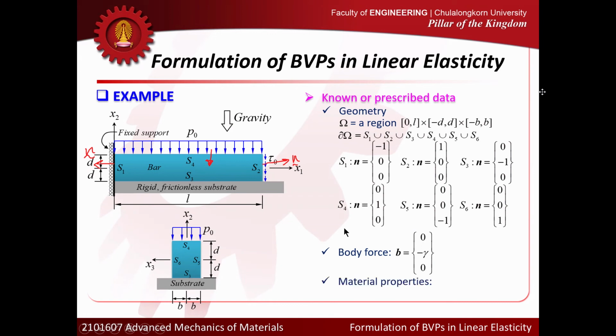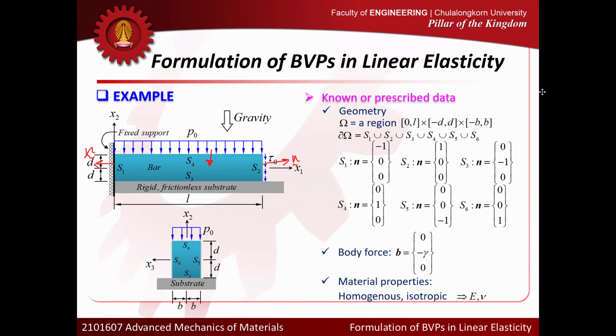How about the material properties? From the problem description, we know that the body here is made of isotropic material. I forgot to mention that. Let's say the beam here is made of homogeneous and isotropic material. I gave you the constants, Young modulus and Poisson ratio, so those have to be given.